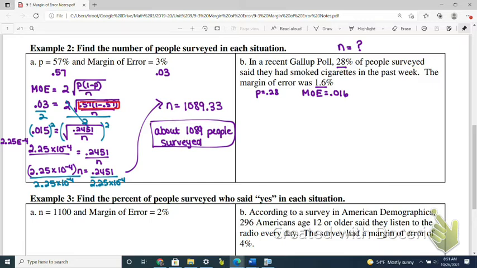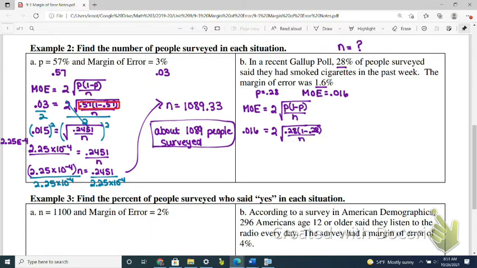So let's write the formula. Margin of error equals 2 times the square root of p times 1 minus p all over n. So this is 0.016 equals 2 times the square root of 0.28 times 1 minus 0.28 all over n.